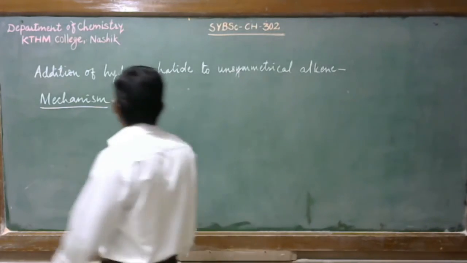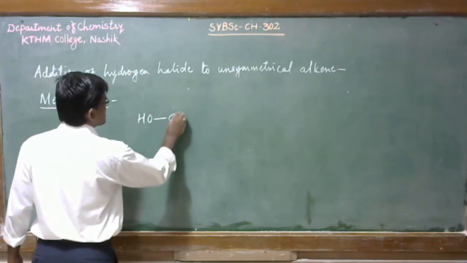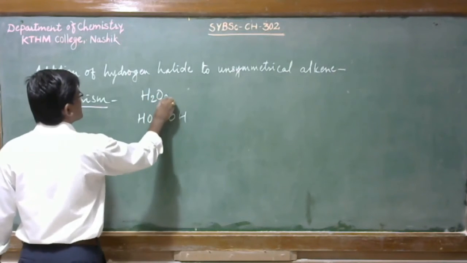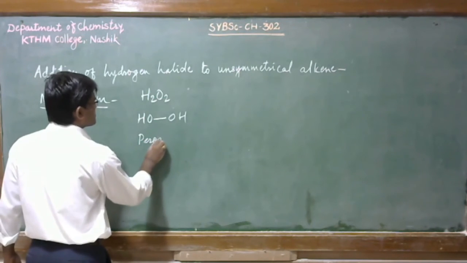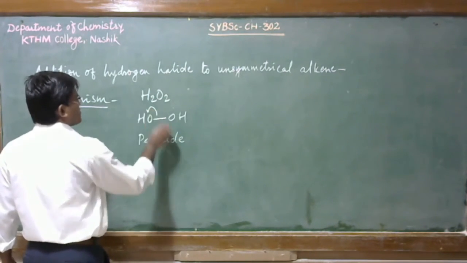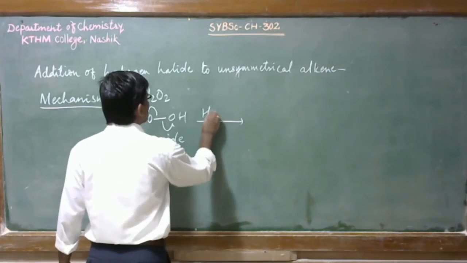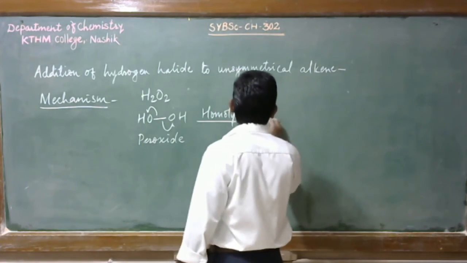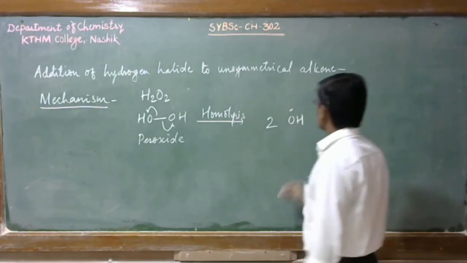So when you have a peroxide like hydrogen peroxide, H2O2, it will give free radicals. This is the homolysis, so two free radicals will form.